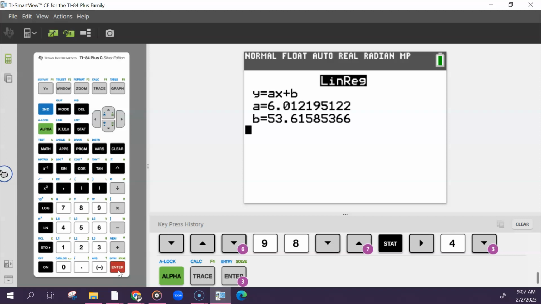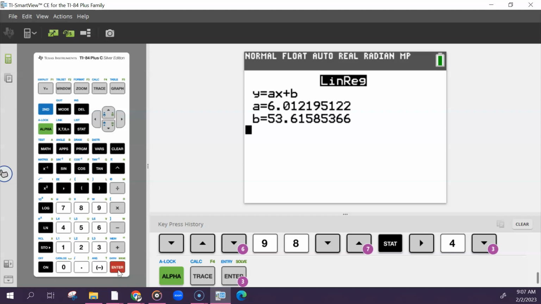So the random data we put in, this is the line that best fits it. It's not exact. It may not touch every single point, but this line best fits it. The points surround this line the best. So when we write this equation, I would say write 2 decimal places. So you can round 6.01, 53.62.